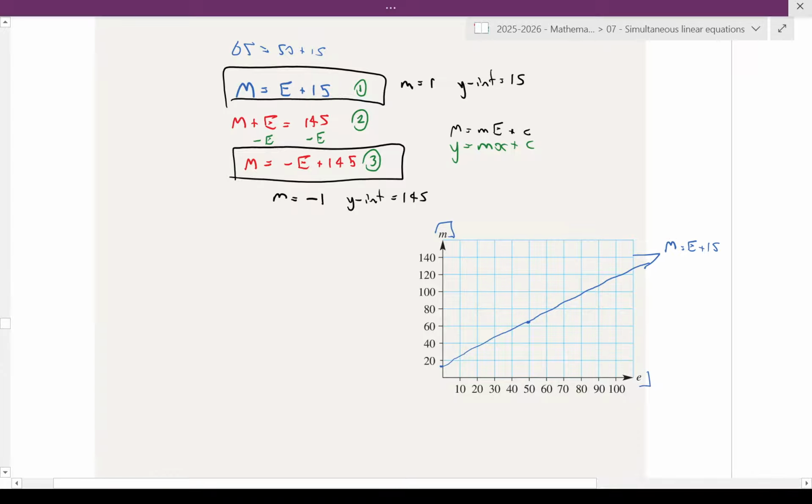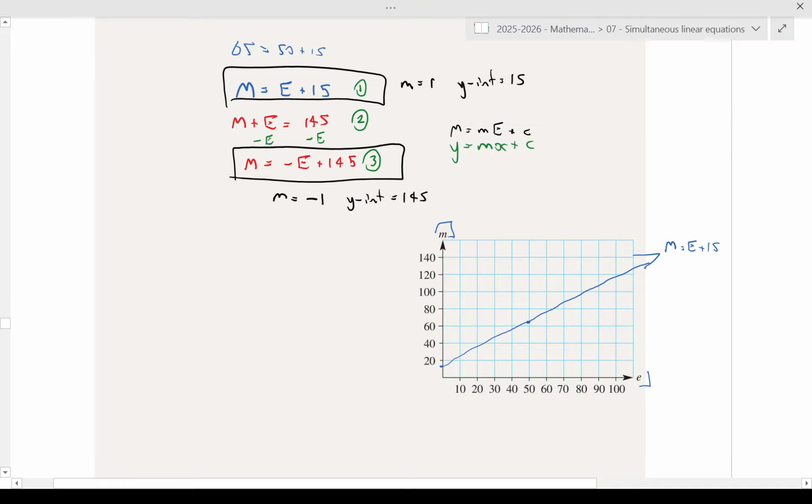Now my next one is M equals minus E plus 145. So my y-intercept in this case is 145, which is about there. And I can once again chuck in another value. Let's go E equals 100. So I'd have M equals minus 100 plus 145, which would equal 45.